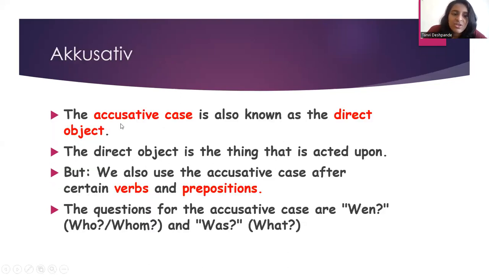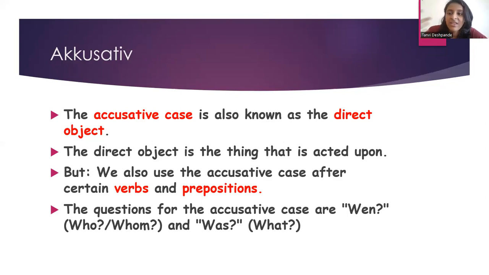Yes, the accusative case is also known as the direct object. The direct object is the thing that is acted upon. You are doing an action, and the object on which you are doing that action is in the accusative case. But we also use the accusative case for certain verbs and prepositions.